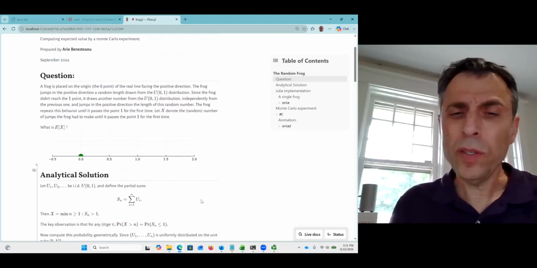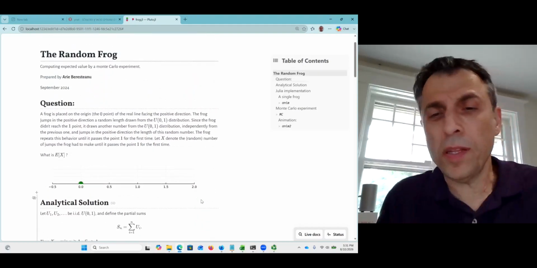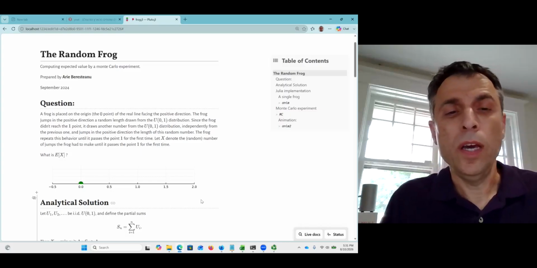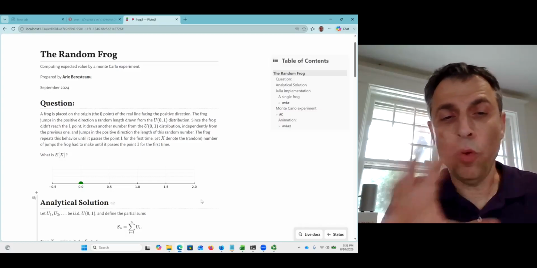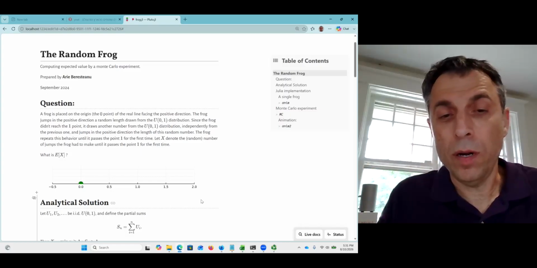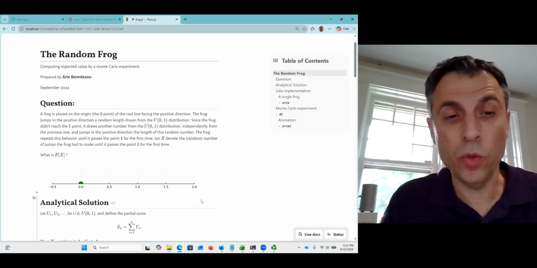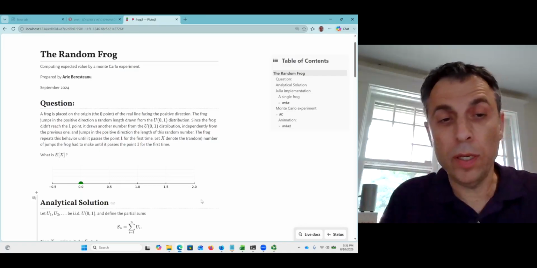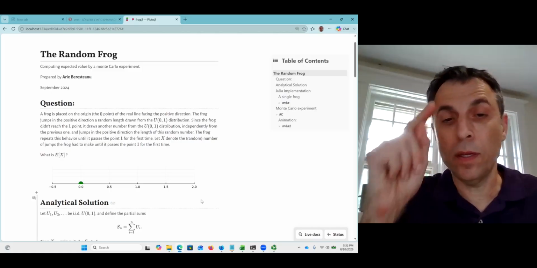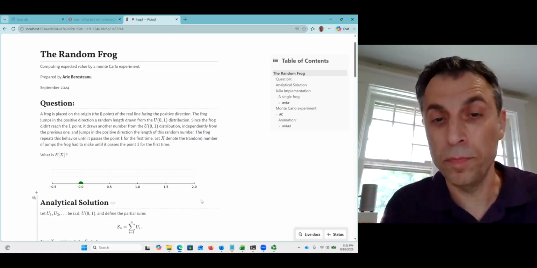But intuitively, if you fix a number n, and you draw n random points from a uniform distribution independently, you will get a point in the 0, 1 n-dimensional cube.